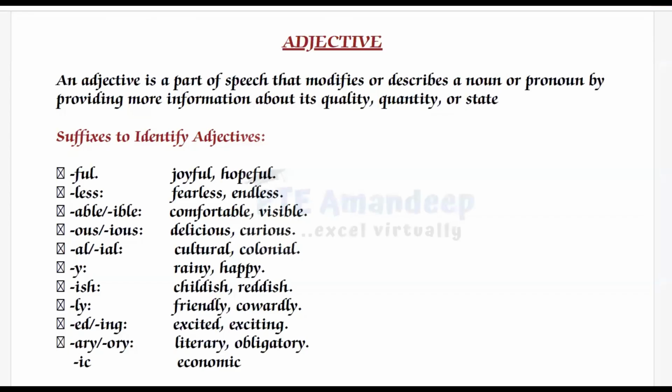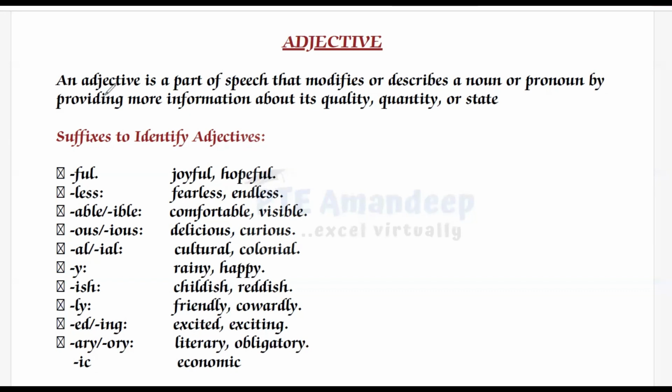Let's discuss what an adjective is, because we need a core understanding of the four concepts: nouns, adjectives, verbs, and adverbs, to improve your PTE reading. We all know the definitions, but the problem is we don't know how to identify whether a word is an adjective, noun, or not.